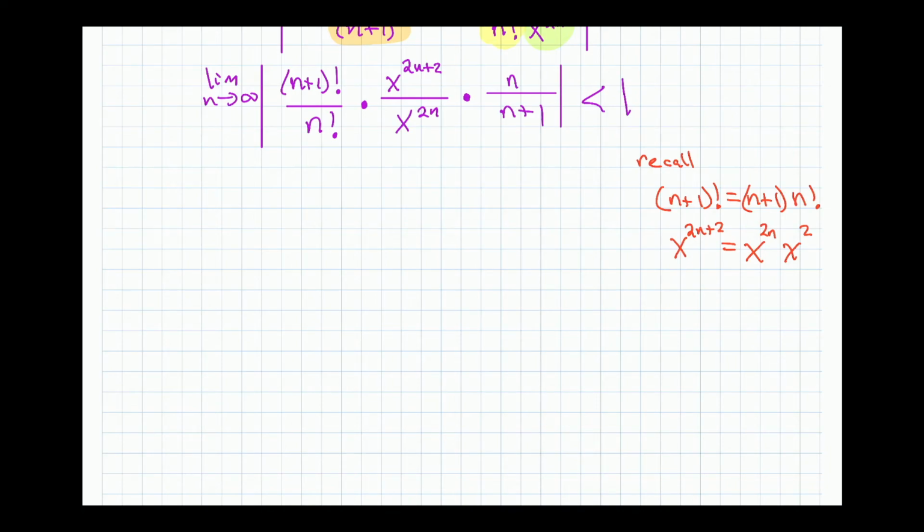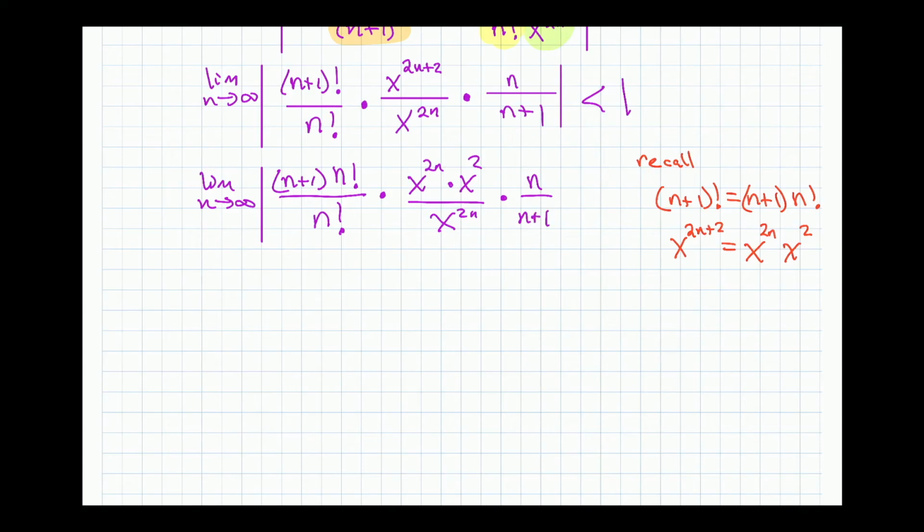So let's rewrite it with those replacements: the limit as n goes to infinity of n plus 1 times n factorial over n factorial, times x to the 2n times x squared over x to the 2n, times n over n plus 1. All of that is less than 1.